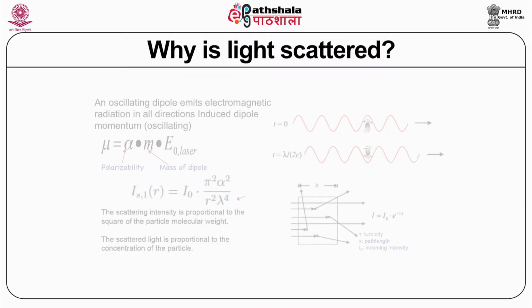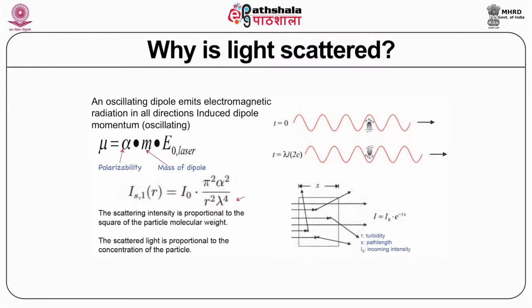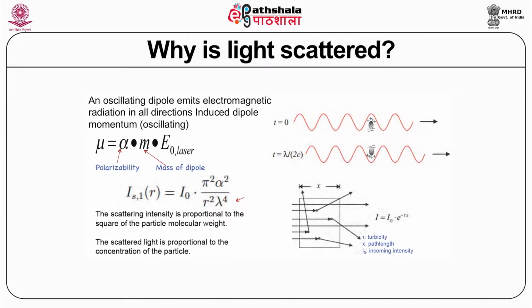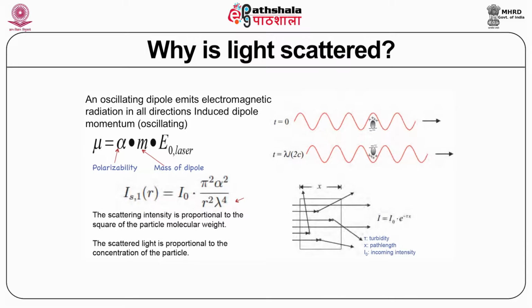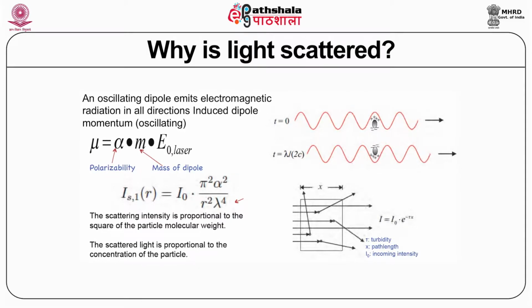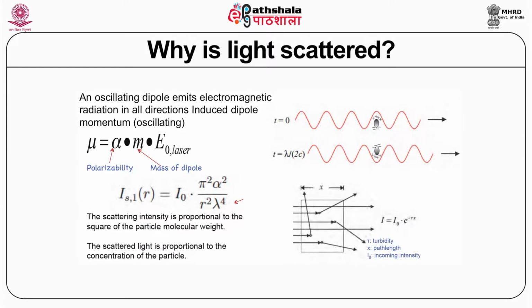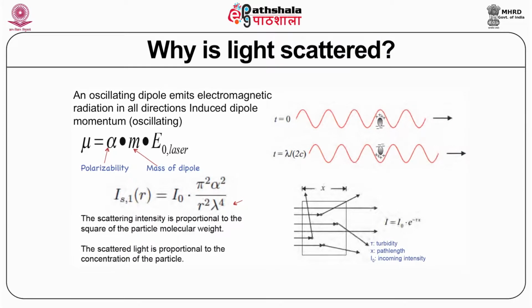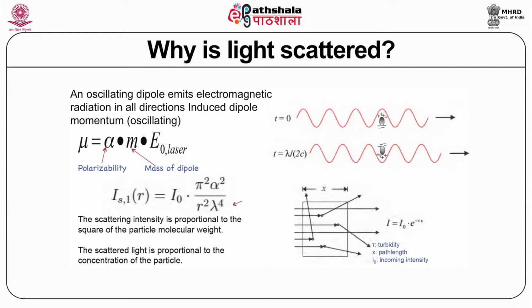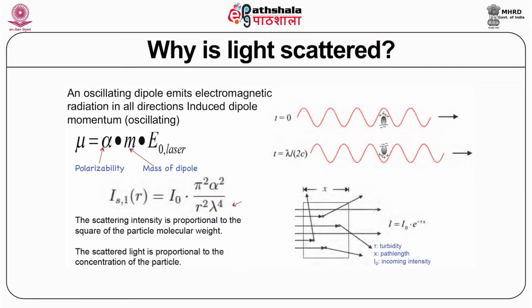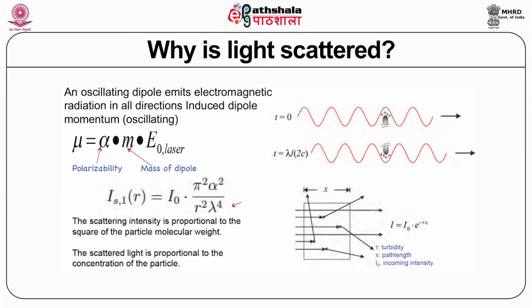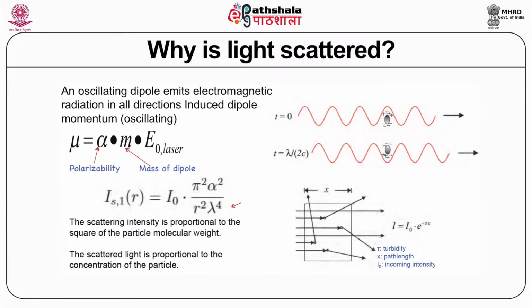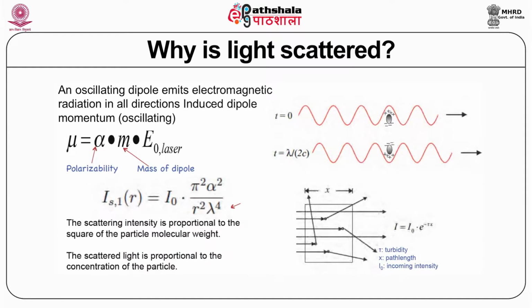Here we will talk about why light is scattered. An oscillating dipole emits electromagnetic radiation in all directions. The induced dipole moment is given as mu equals alpha, which is the polarizability, times E naught, the electric field of the laser.